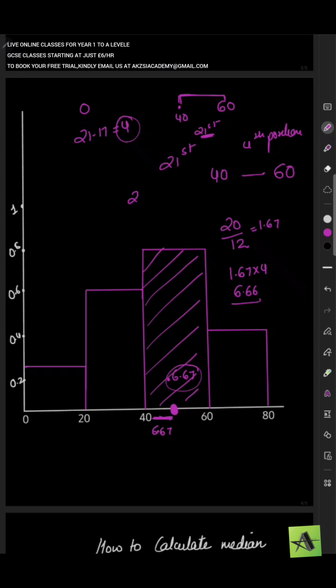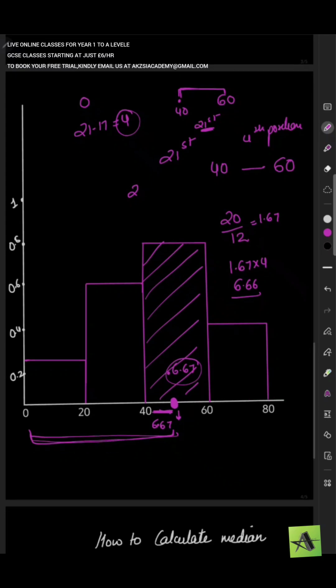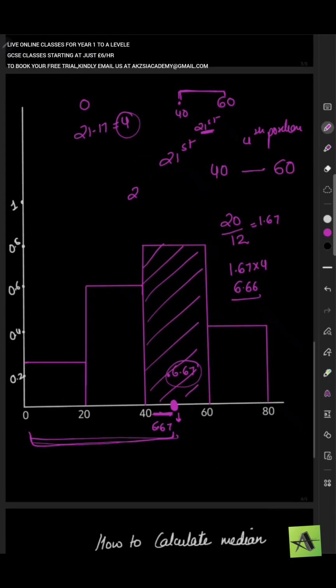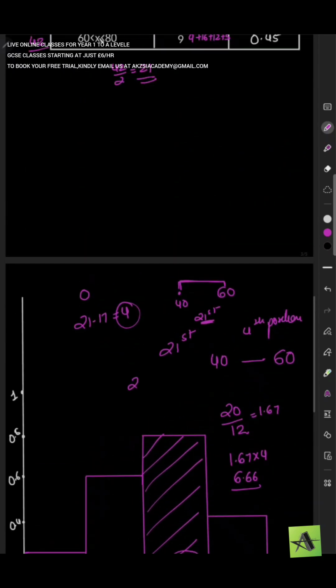So the final median is 40 plus 6.67, which will give me 46.67. That's the median. So this is how you can calculate.